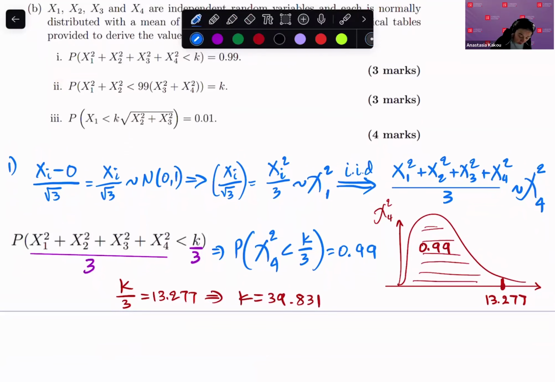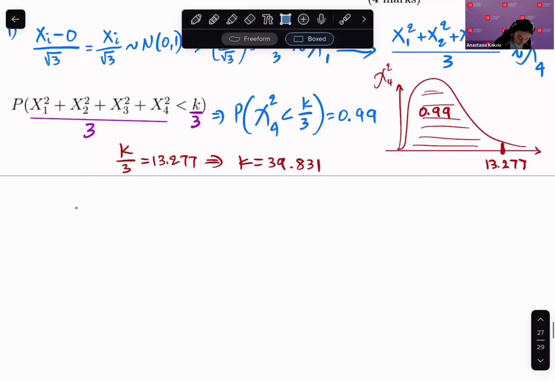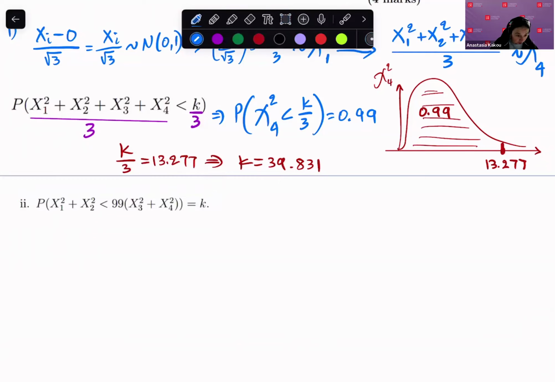Okay, so let me quickly copy that over here. Okay, so this is part 2 now. So first thing is to rearrange and make that a probability of x1 squared plus x2 squared over x3 squared plus x4 squared less than 99.